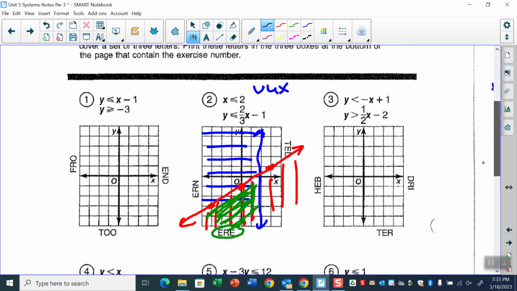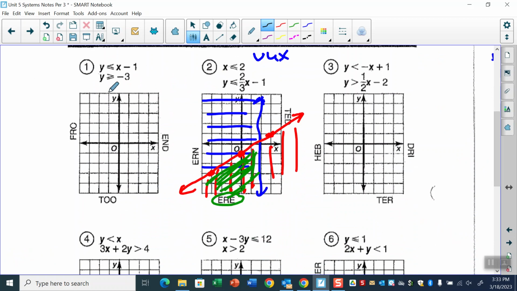Okay, and then on this puzzle, these are nice. They're already in slope-intercept form. So remember, you start with the y-intercept first. So I'll do my -1. And then the slope is in front of the x. So I'm going to go up 1 over 1. Up 1 over 1.